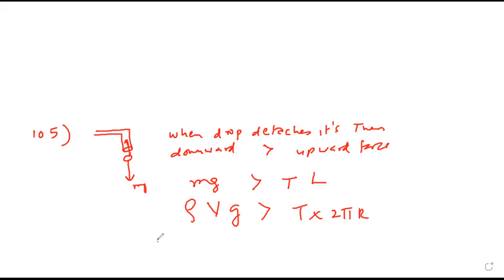So density is rho, volume will be 4 by 3 pi r cube, into g should be greater than the surface tension, which is given as rho into 2 pi, length in contact is 2 pi r.